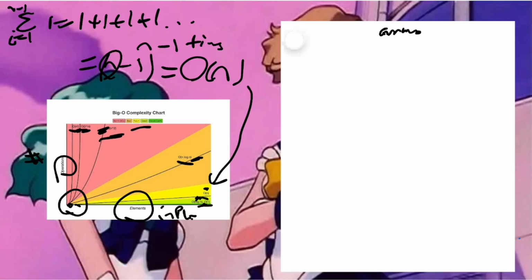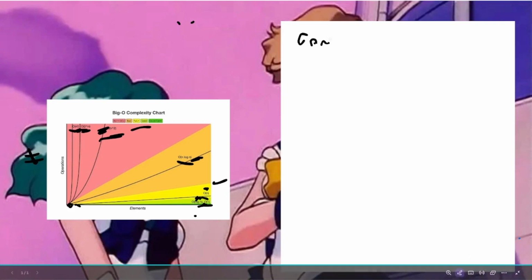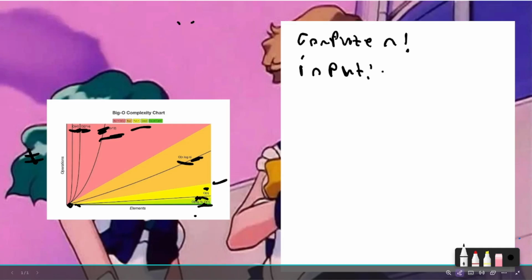We have to also do a recursive version of this. That can be modeled by this problem here, where we compute n factorial. To compute our n factorial, our input will be a positive integer n, and our output should be n factorial if we do this right.